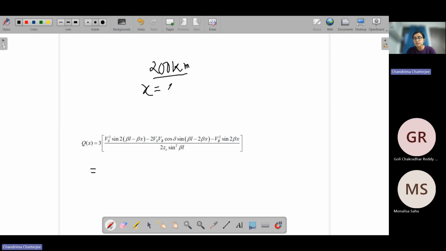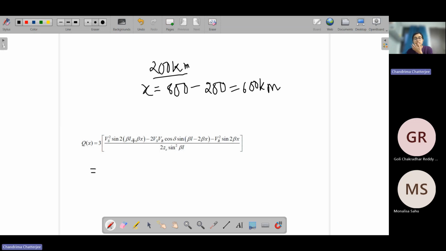So x is 800 minus 200, that is 600. So just replace x by 600, and then the rest of the things we already know.